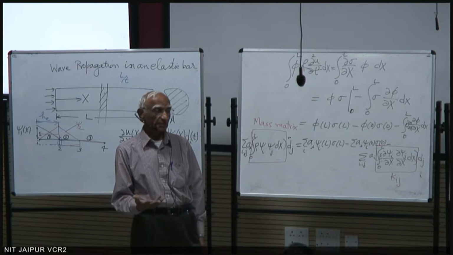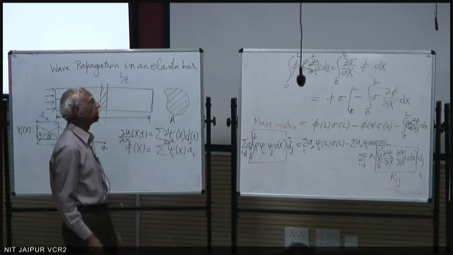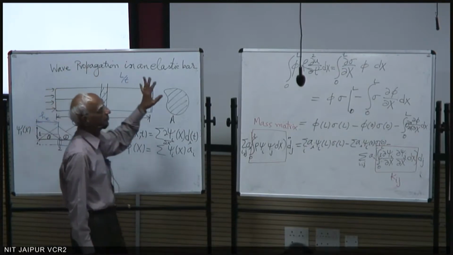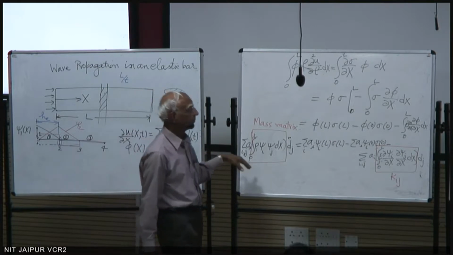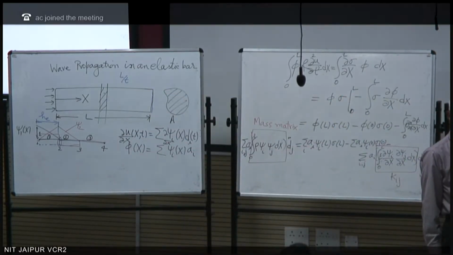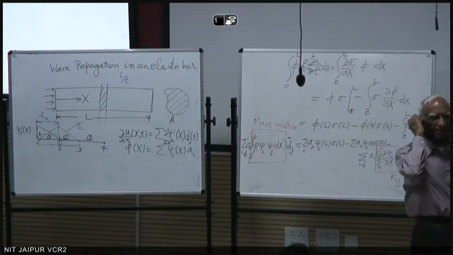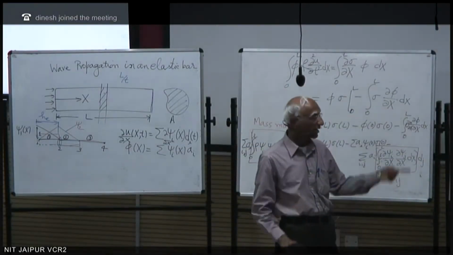Okay? So when we do the problem numerically, we have not done it yet. All we have done is reduce the partial differential equation to a system of coupled ordinary differential equations. But we have not solved them yet. So it's more or less halfway done, because we still have to solve them.